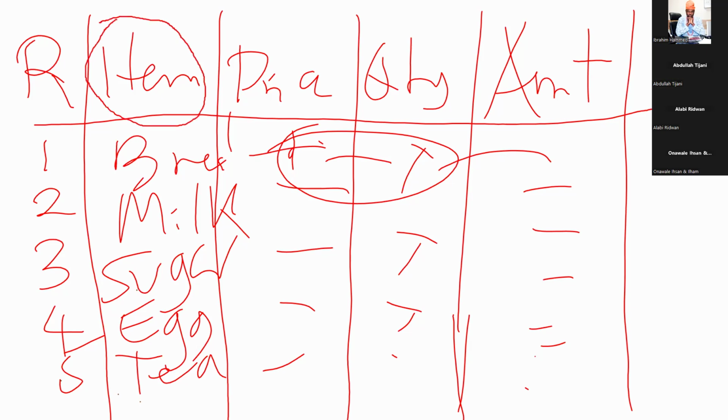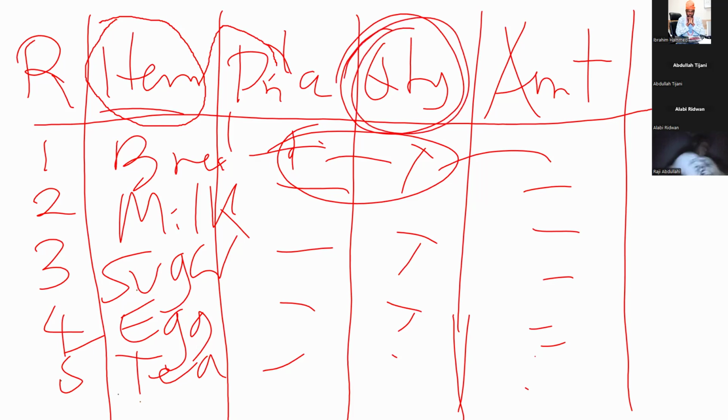The program should determine the price of the item. We should only ask them for the quantity. So you ask them for the item, the quantity they are buying. The program should determine on its own, based on some things we will have set up, how much the price of that product, or how much that product is worth.